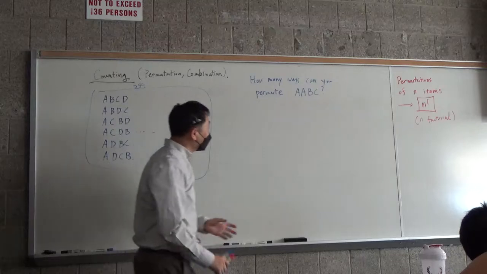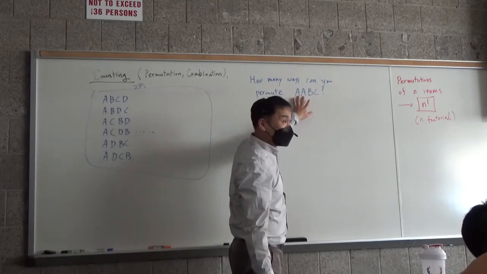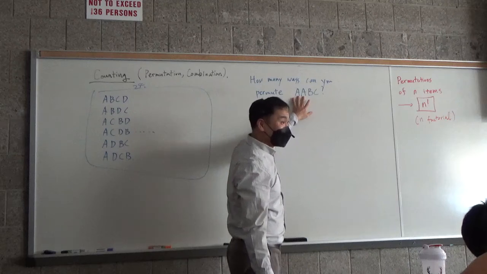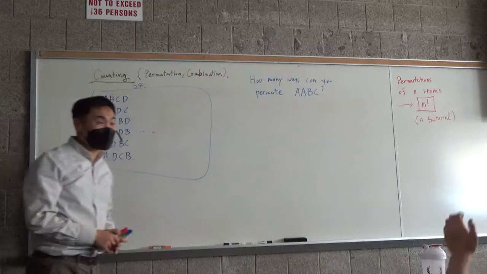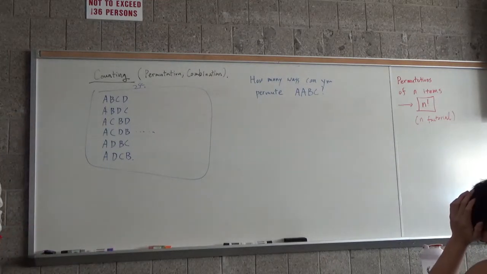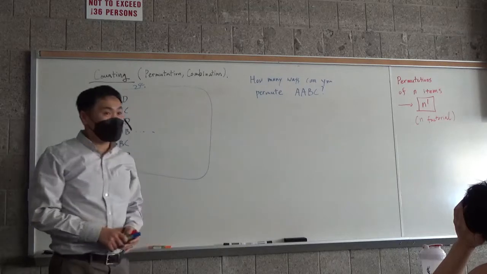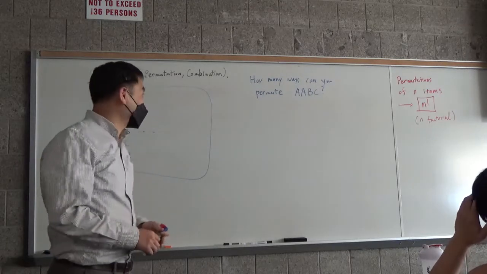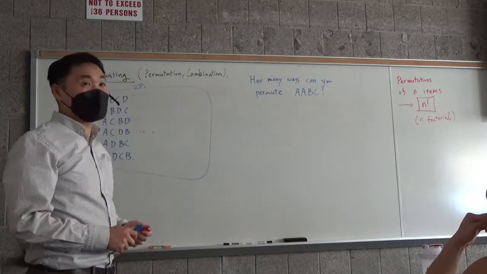So in this case, these two A's are not distinguishable, right? So you would have less, right? Can you think about this question? How many ways can you permute A, A, B, C? Interested people can actually write them down, all of them. It's not that many.